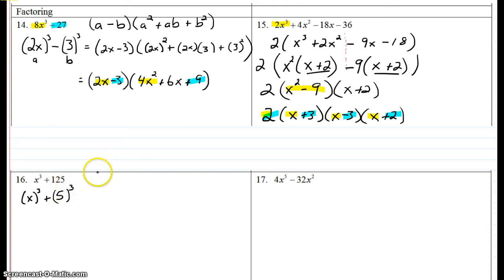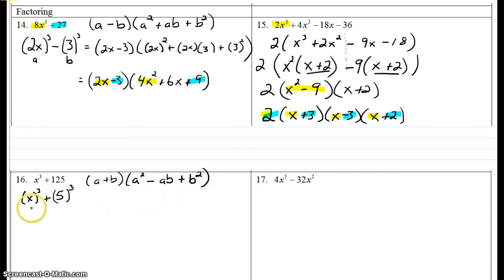And so now we should write our formula. A plus B, and then A squared minus AB plus B squared.